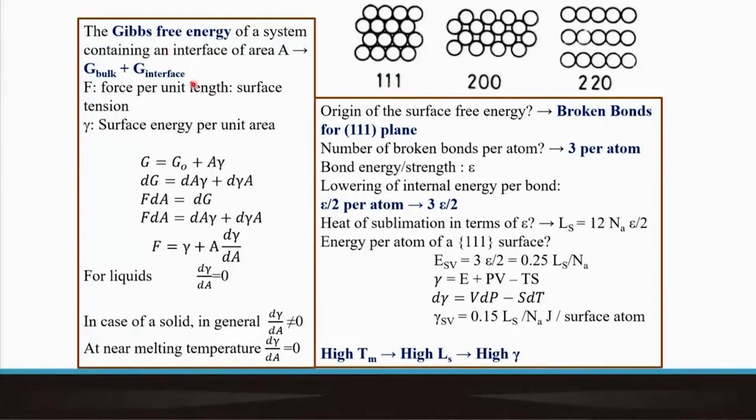So the bulk of the solid will have two components in terms of the Gibbs energy, which we assume as the index of stability of the solid. Gibbs energy is a concept which signifies the relative stability of a solid or any entity, be it a phase or a bulk solid, and it will invariably have at least two specific components. One is related to the bulk and another to the surface.